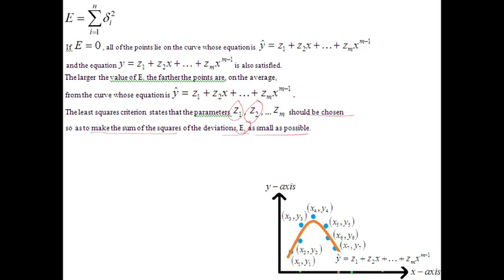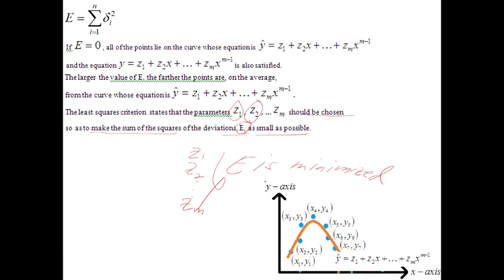So we will apply differential calculus again now to determine z sub 1, z sub 2, and up to z sub n, so that E is minimized. Okay? Our goal is to minimize E.